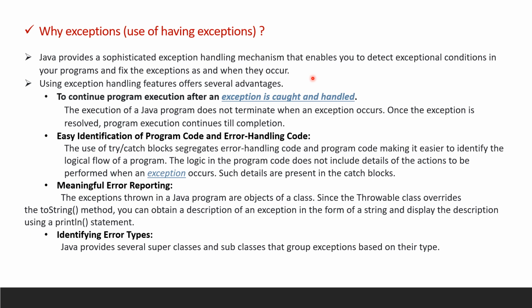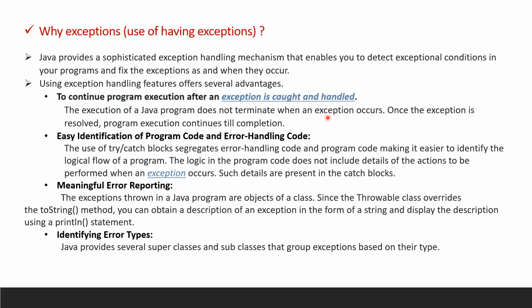So these are all provided by Java as exception handling mechanisms. But when the interviewer asks, we have to answer with the major advantages of why we are actually using exceptions. The first point is to continue program execution after an exception is caught and handled.